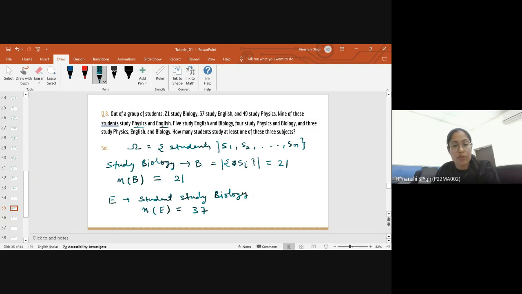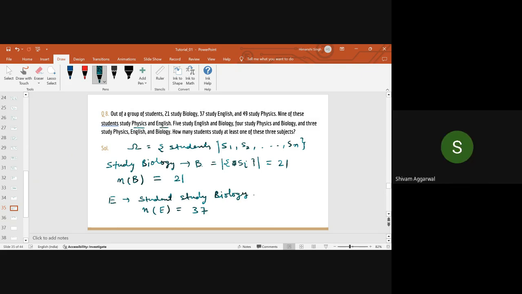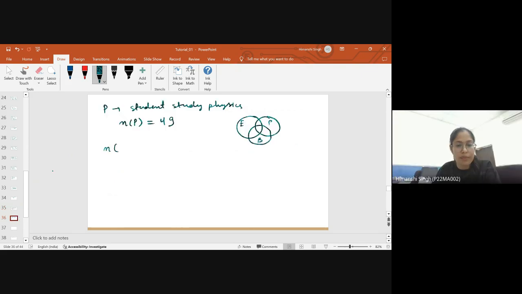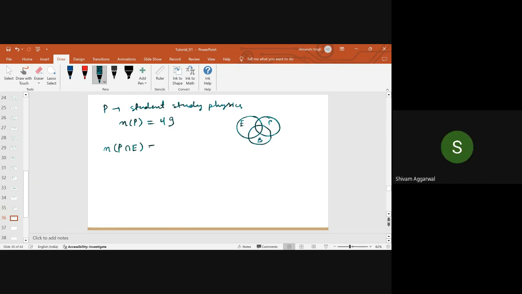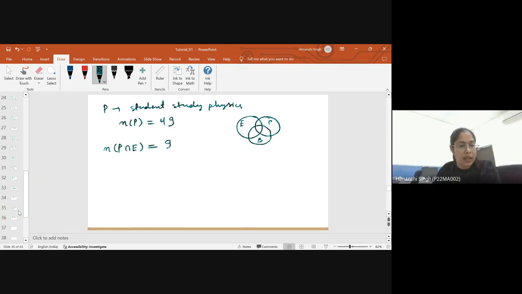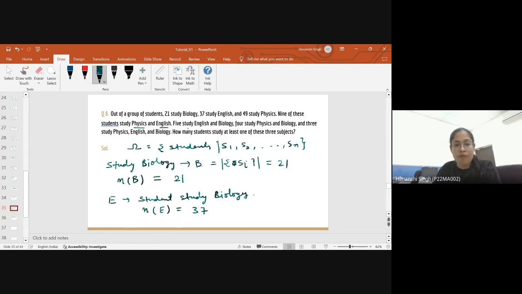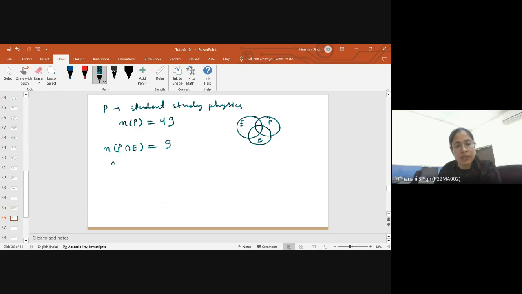Which intersection of which events? P and E. So we are considering the number of elements in P intersection E, which is 9. Now other than this, 5 study English and biology. So the number of elements in E intersection B is 5.